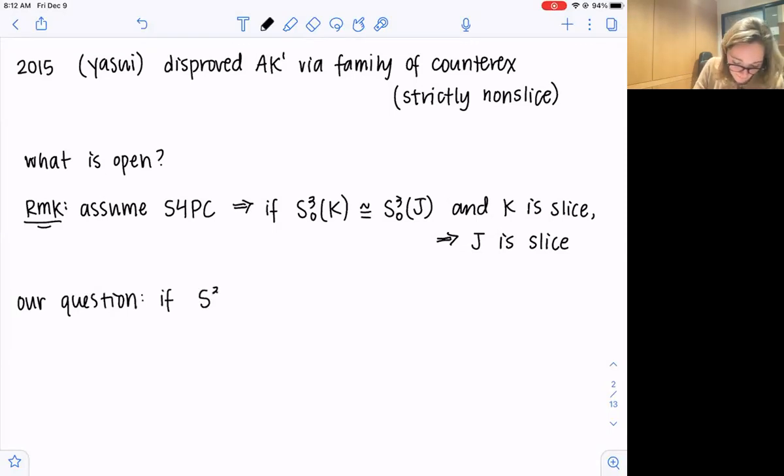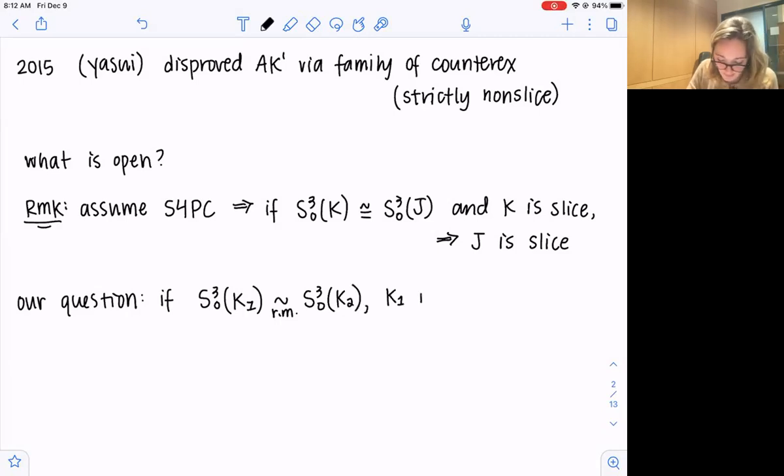If I have two knots whose zero surgeries are homology cobordant relative to meridians, they're not quite homeomorphic, but maybe not so far away, and I further require that one of my knots be torsion in the smooth concordance group. And if anyone's unfamiliar, the only non-trivial torsion in the smooth concordance group is order 2. Everything else is either slice or infinite order as far as we know.